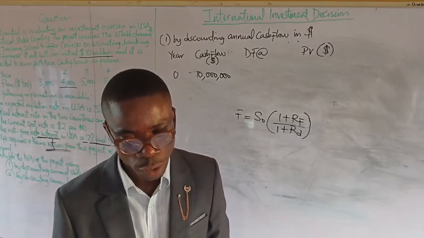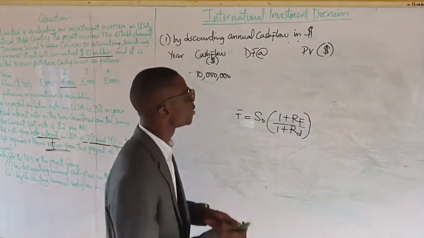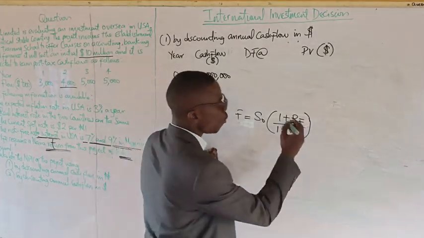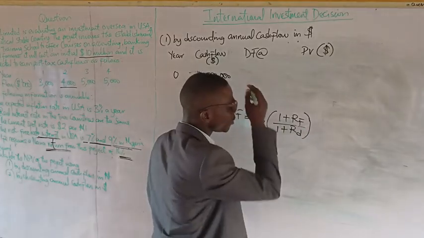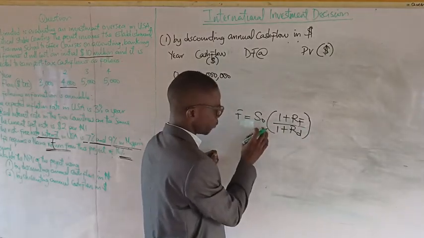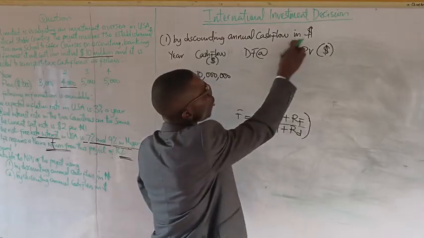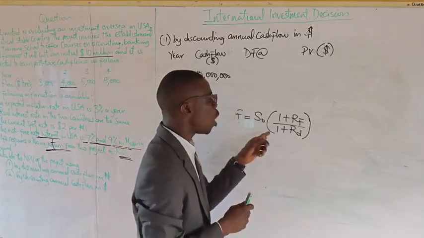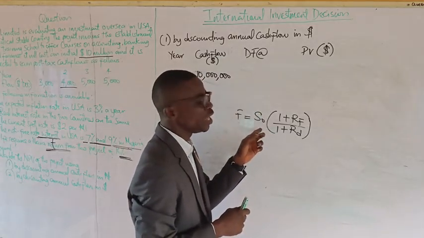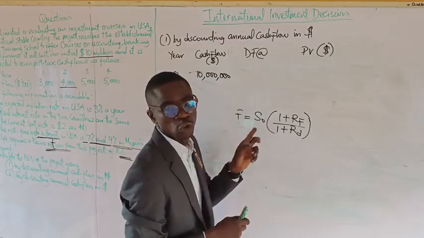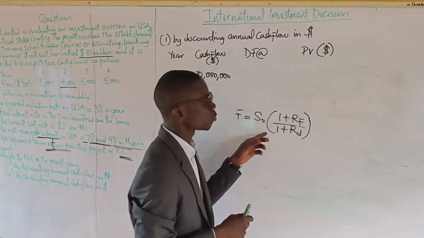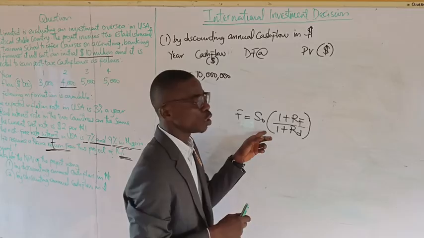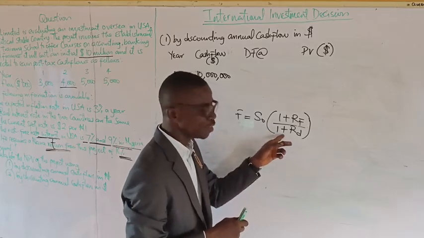What I'm saying is that this formula, because we are looking for the cost of capital in dollars, the interest rate parity theory we are going to use is the one for indirect, and this is indirect.